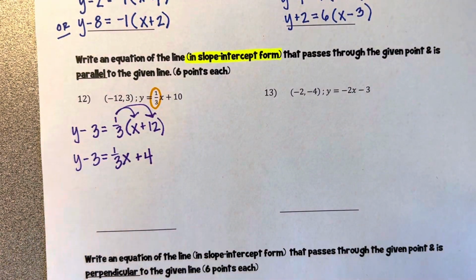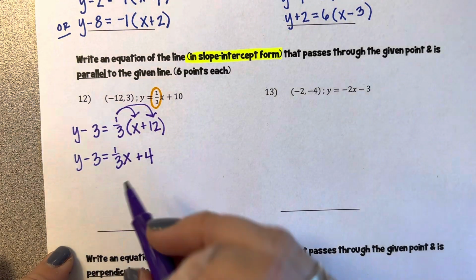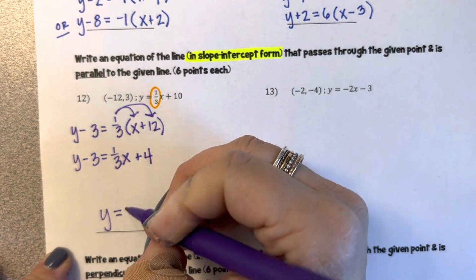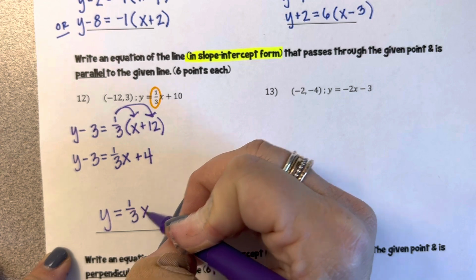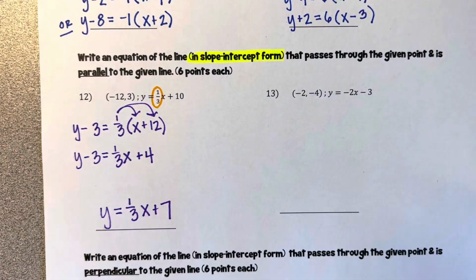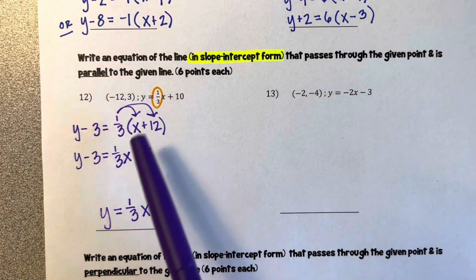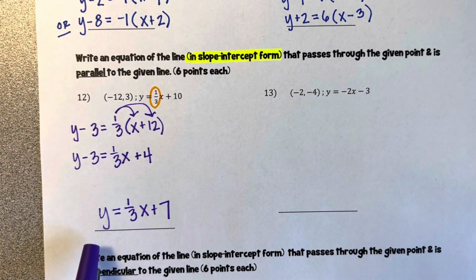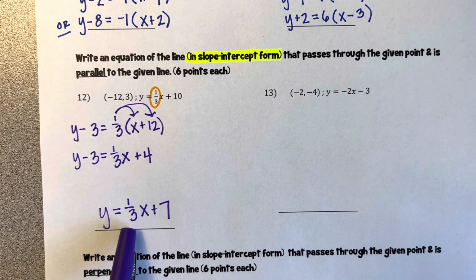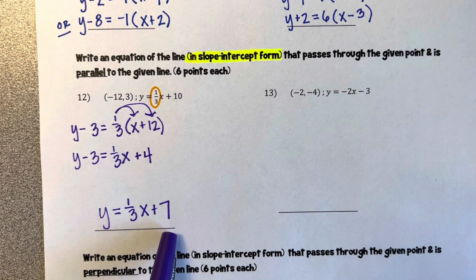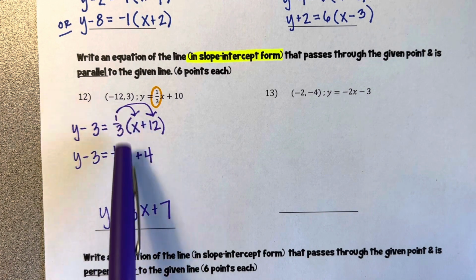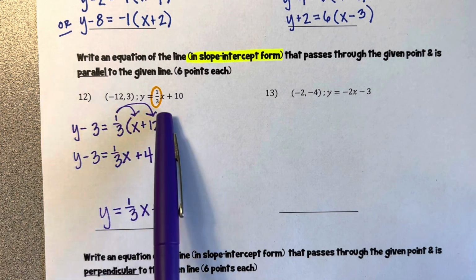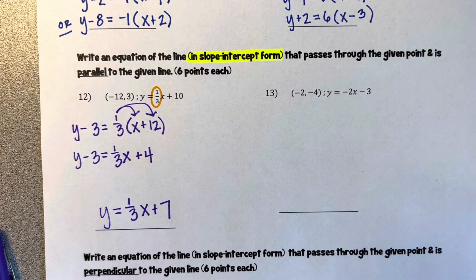Then I'm solving it for y. I want y by itself, which means I'm going to add 3 to both sides. So y equals 1/3 x plus 7. And that would be my answer. It's parallel to this line. And if I put this point in, does 3 equal 1/3 of negative 12? That's negative 4 plus 7. Yes. So it contains this point and is parallel to this line.